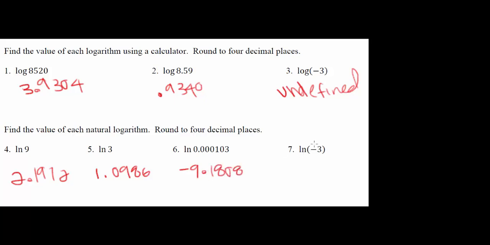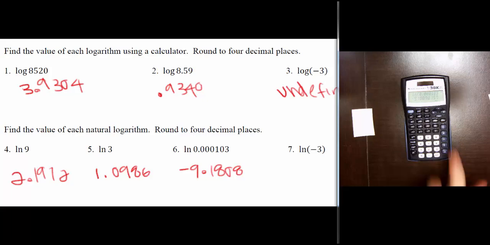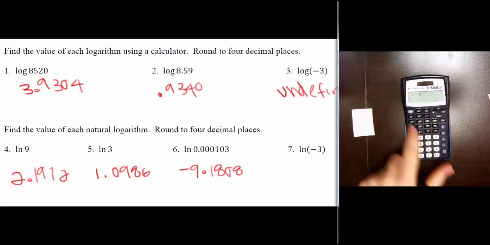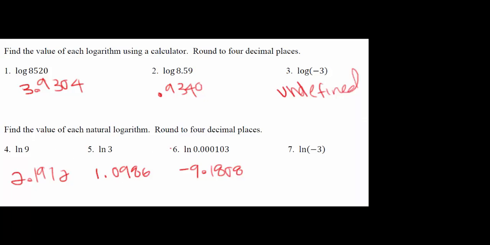And then we can't take the natural log of a negative either. I just want to show you that it says undefined, and that's our clue. Domain error. So I'm just going to write undefined.